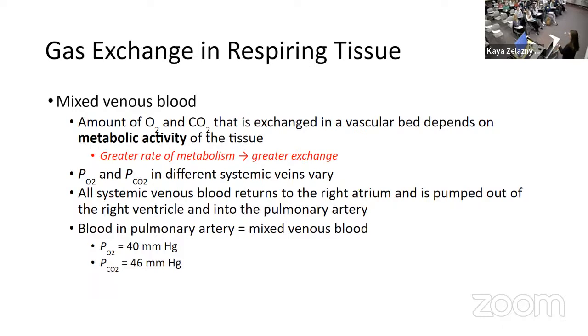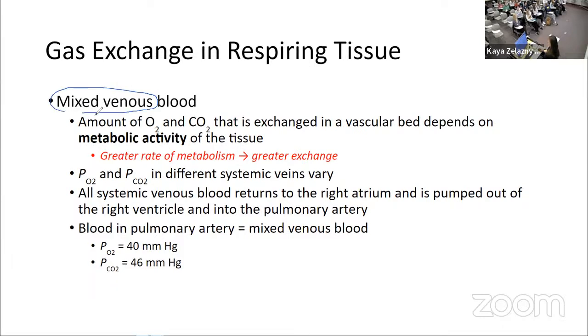That's what that note about the variation between systemic veins means. So that is why it's always labeling this as mixed venous blood, right? So this is telling you that it's kind of an average as that blood is coming back to the heart, right? Okay. So that's just a little bit of an explanation about what we're labeling there. Okay.